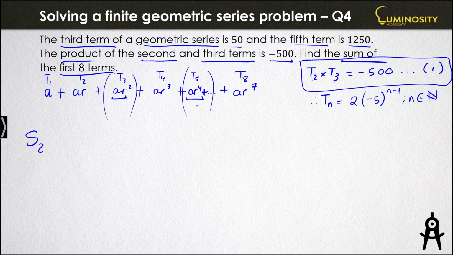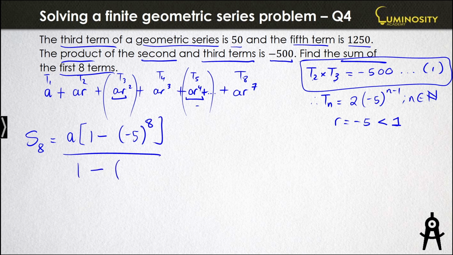So S8. But because my R value, R equals negative 5, is less than 1, I'm going to use the second formula, which is A times 1 minus R to the n, which is 8, over 1 minus R, which is negative 5. I know my A value, so let me rather write A there. That is 2.